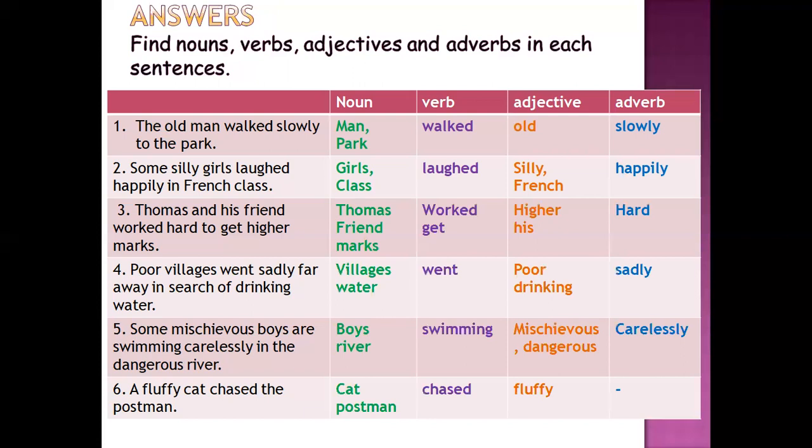Third sentence. Thomas and his friend work hard to get higher marks. In this sentence, there are three nouns. Those are Thomas, friend, and marks. And there are two verbs in this sentence.